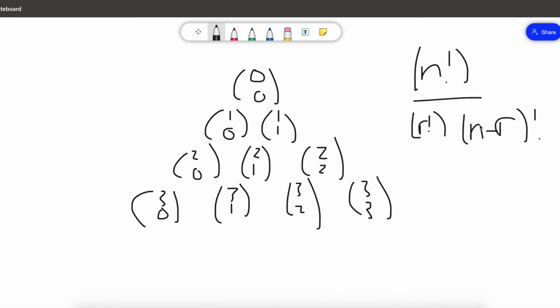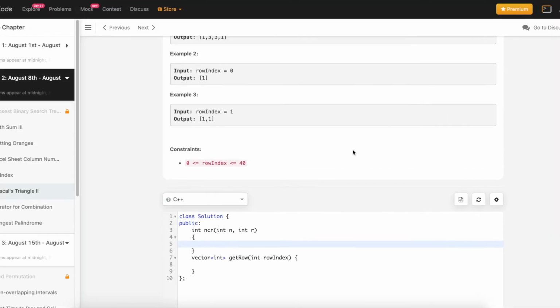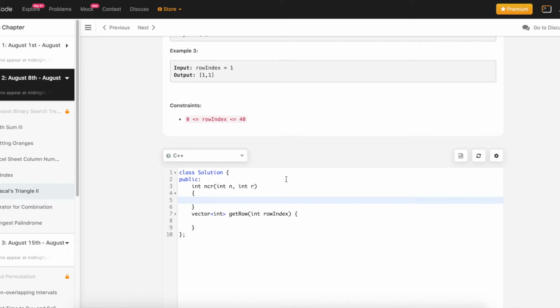However, I don't think we can just use this formula because we might run into an int overflow, or even a long overflow if we're using the max, which is in this case 40. So you probably have to optimize it a little bit.